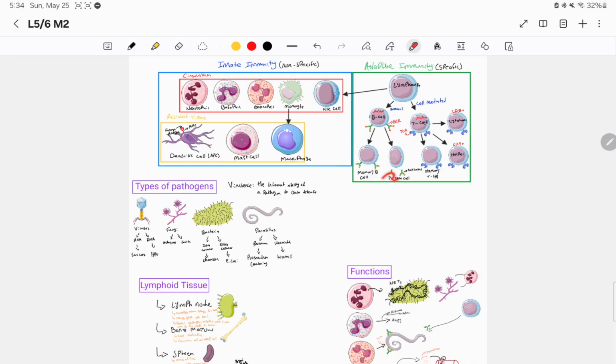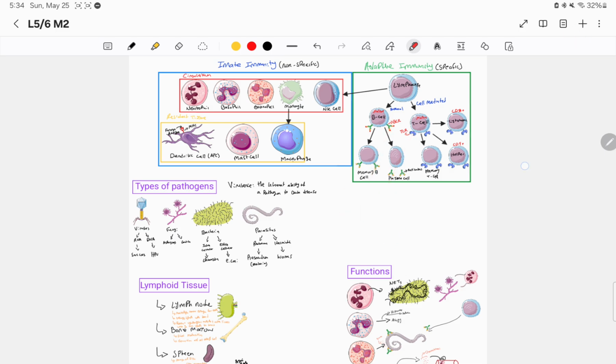Sorry, these guys will be made inside of the red bone marrow, whereas these guys, while they are made in the red bone marrow and mature there, the majority of them are actually made through cell division, all right? And I'll show you what I mean in the next slide, okay?